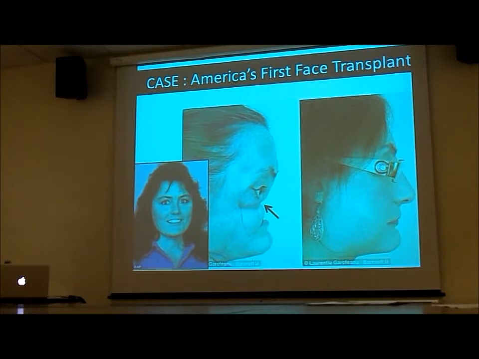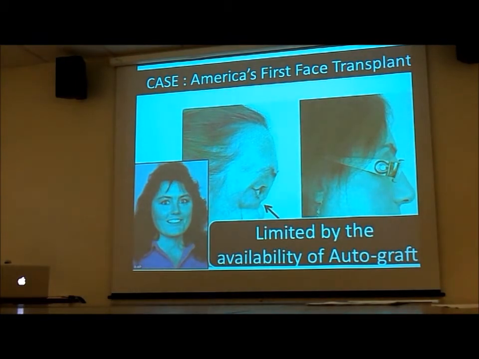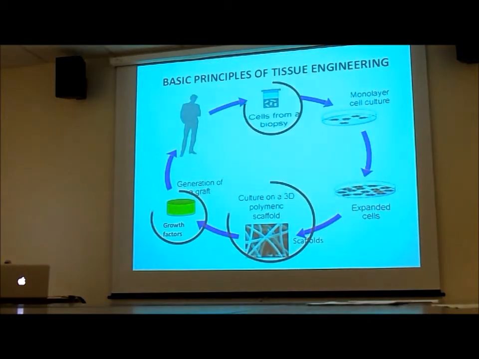This technique is presently used, but it is limited by the availability of autograft. So we are looking for a better option. I'll go with the basic principle of tissue engineering.